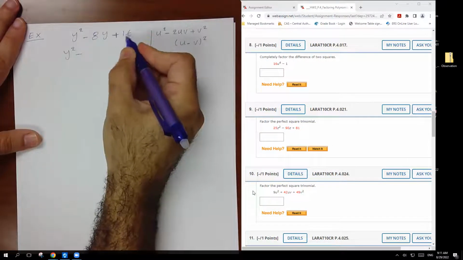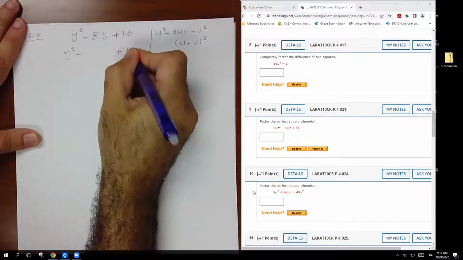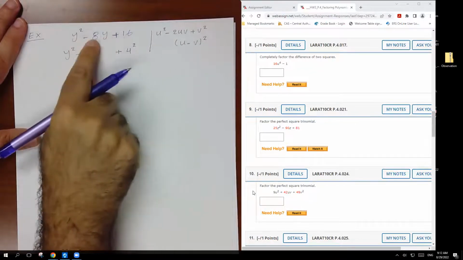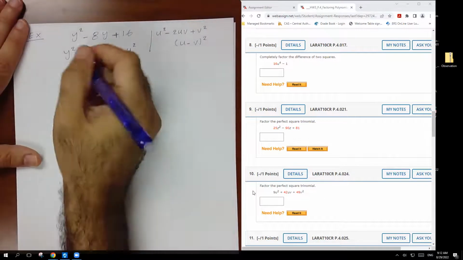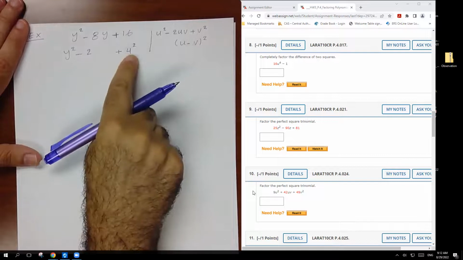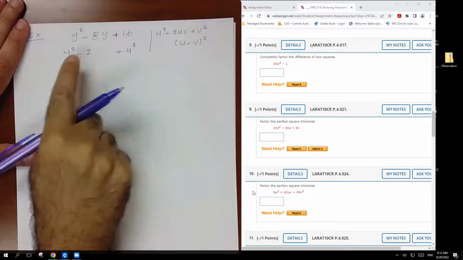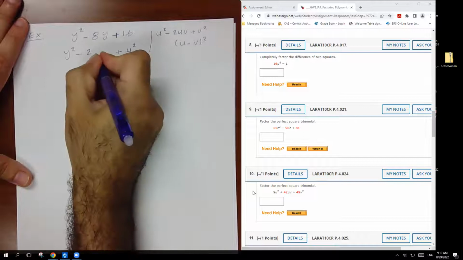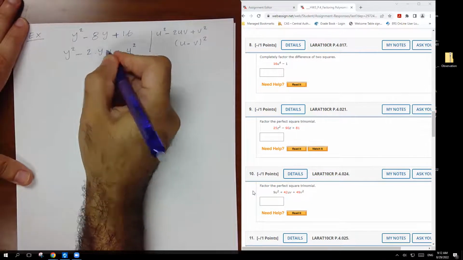Can I write down the 16 as a number squared? Yes, this is 4 squared. Now let's look at the middle term. Here's the 2, I'm going to write down 2, u is y, and v is 4. So can I write down this term as 2 times u, which is y, and here is the v, which is 4?